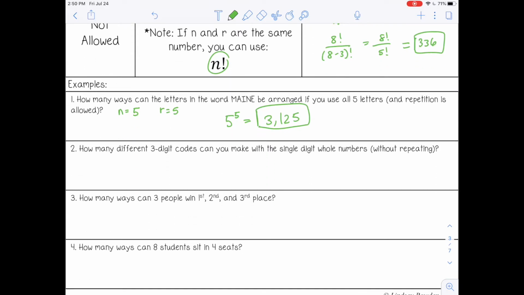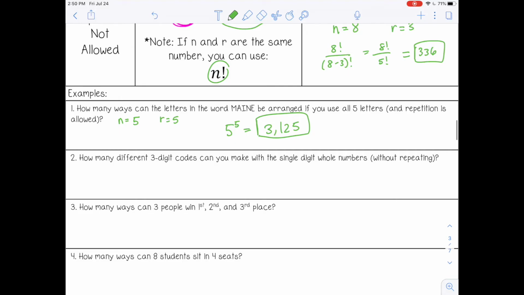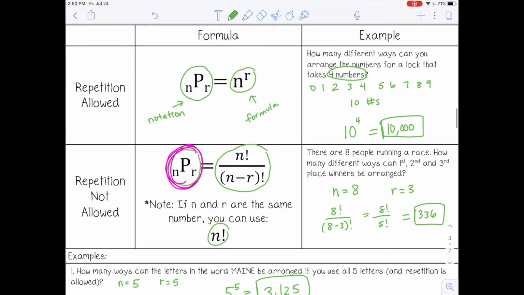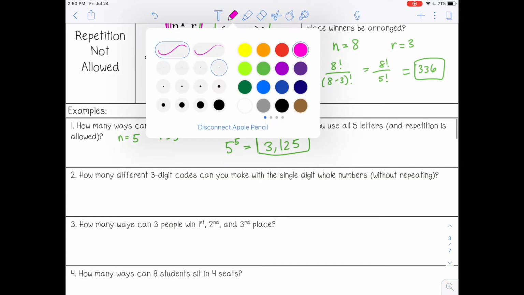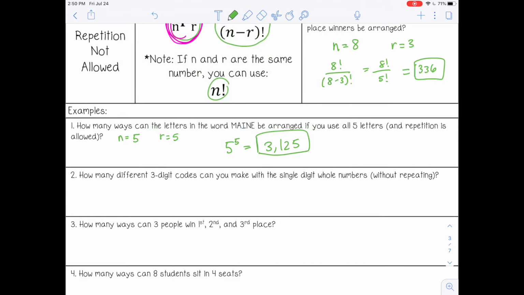Number 2, how many different 3-digit codes can you make with the single-digit whole numbers without repeating? So we're going to use the bottom formula. All right, so single-digit whole numbers, we already listed those out right here. We know there are 10 of them. So my n is 10. And we want a 3-digit code, so my r will be 3.